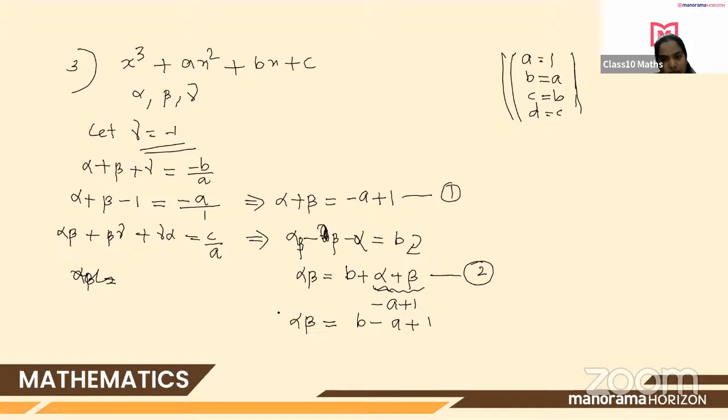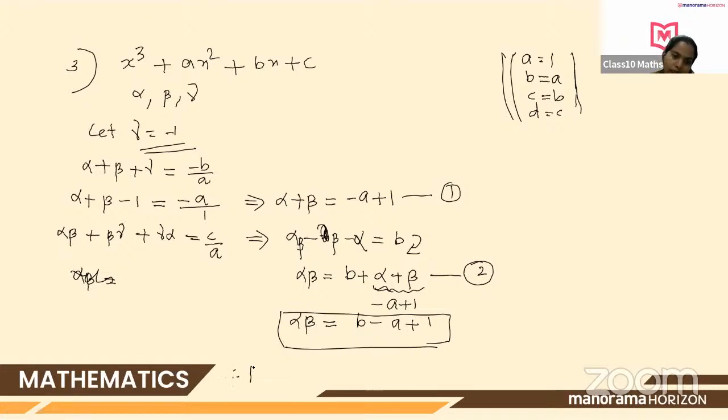So this is the answer. What's our question? Product of other two zeros. One of the zeros is gamma. We take it as -1. And what is the product of other two zeros? What are the other two zeros? Alpha and beta. The product of other two zeros is b minus a plus 1.